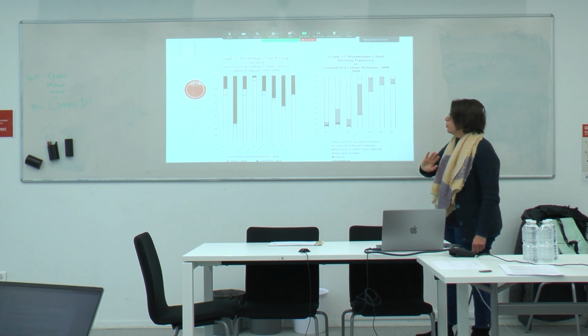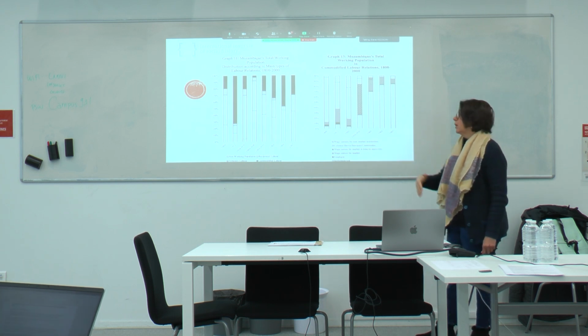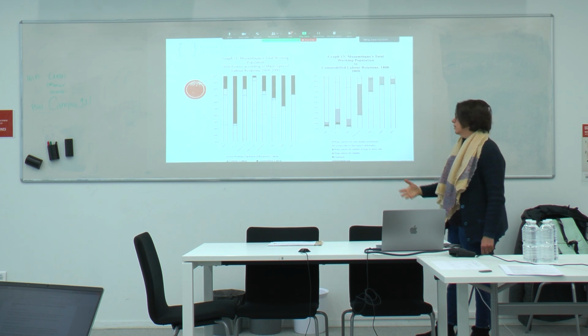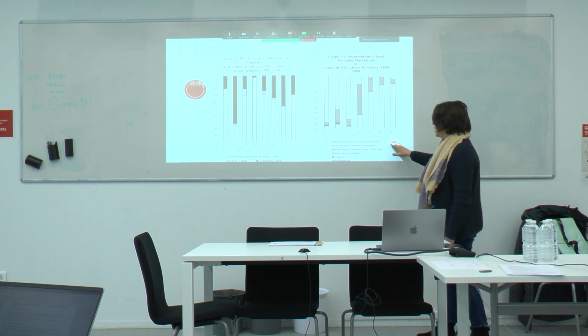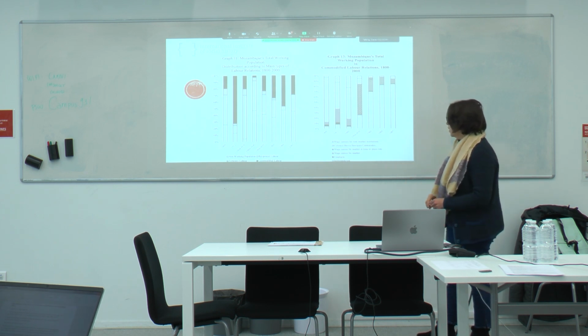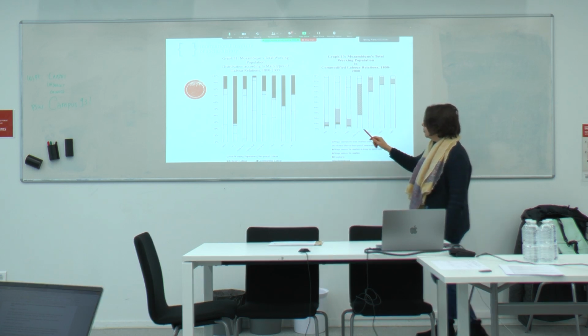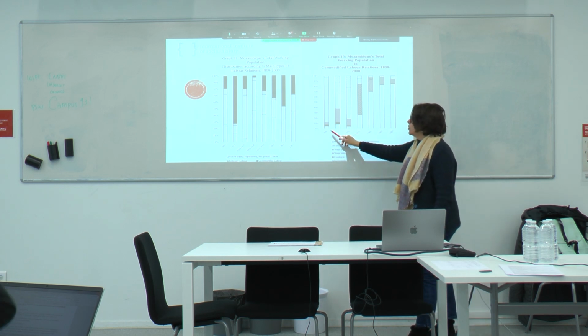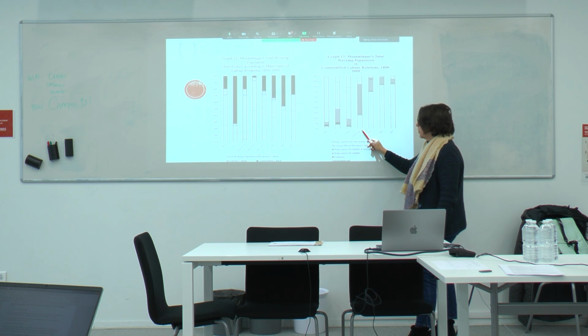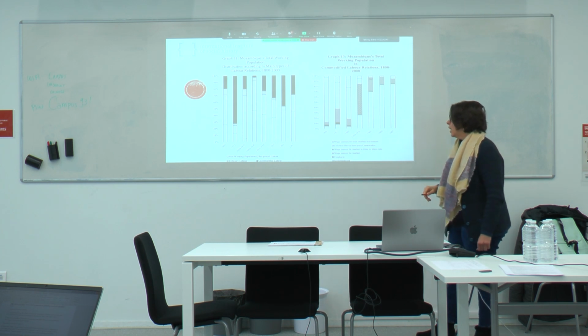So if you can sell your labor to the market, how do you do that? Here you can see that there's a significant number of people that are self-employed. Initially in the colonial period you don't have that, but over time, especially towards the end of the colonial period, you will have a significant number of people that are self-employed.